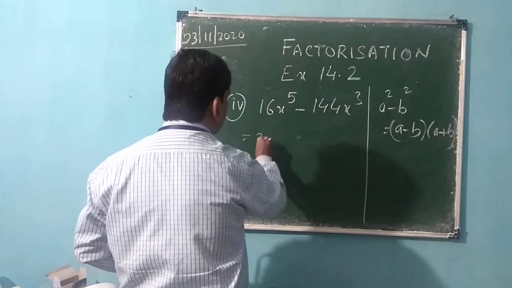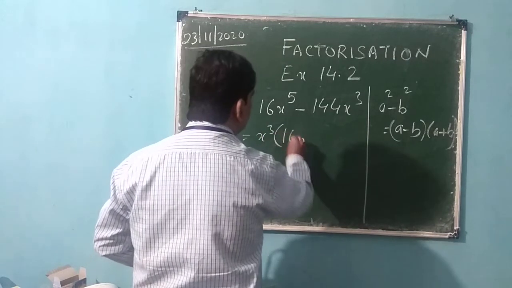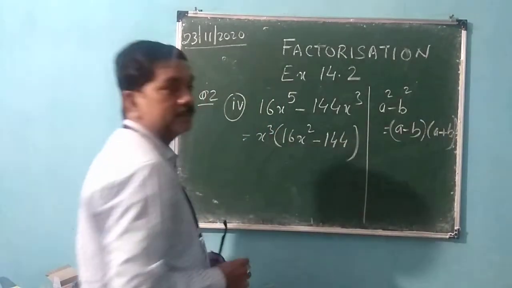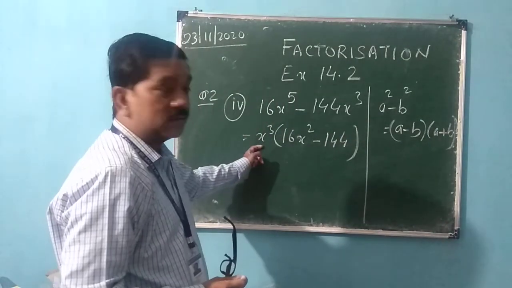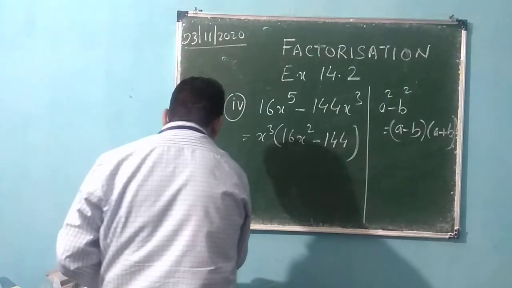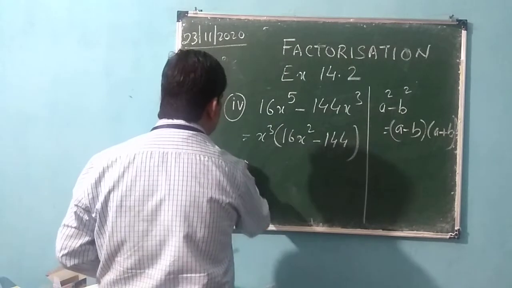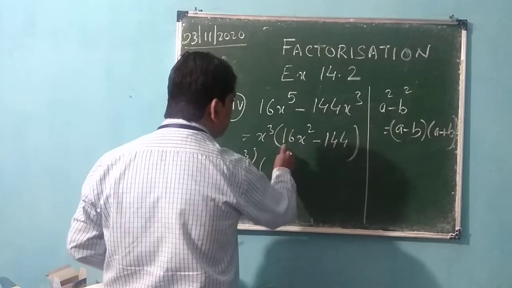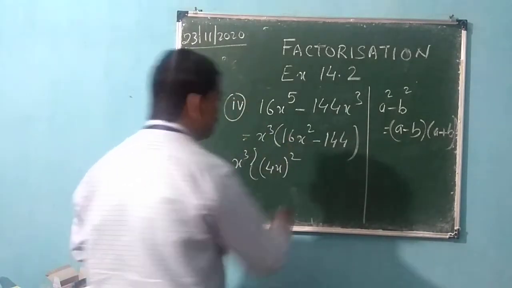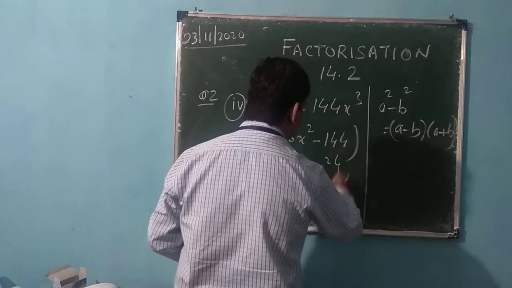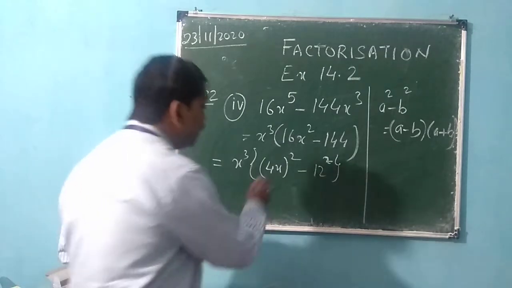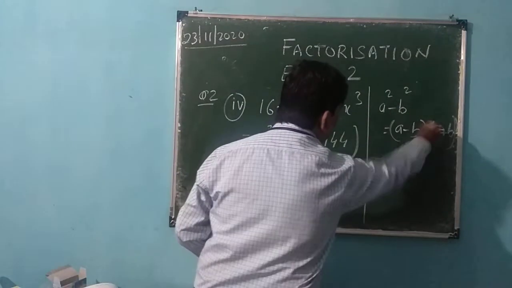So this is x cube into 16x square minus 144. I have taken x cube common, so I get it like this. Let us find out what can be done next. x cube, this is 4x whole square. 4x whole square is 16x square, minus 12 square. 12 square is 144. So therefore, I can say that this is of this type.